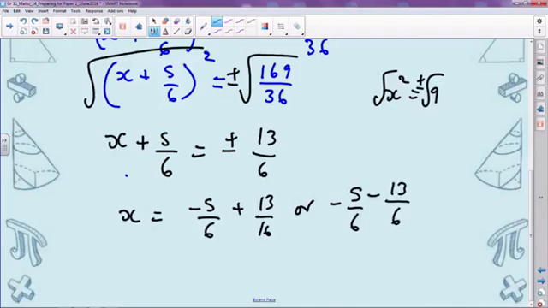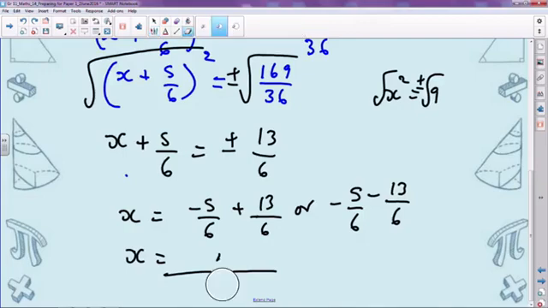13 over 6, which gives us x equals to, now this is not 16, it's 6, right? You get, what am I doing? This is 8, that's 8 over 6.